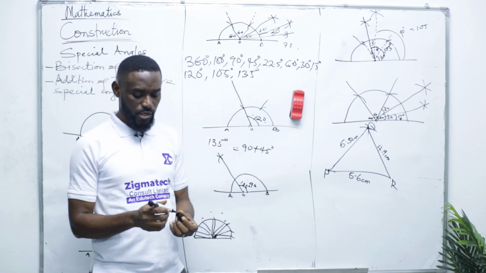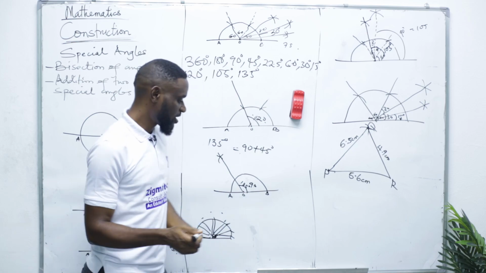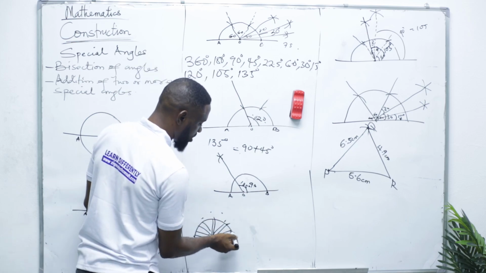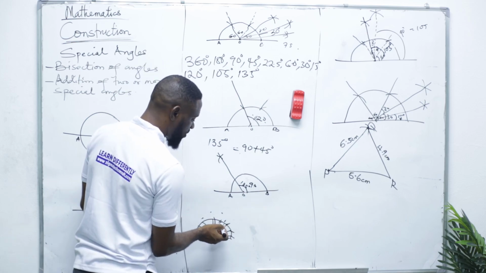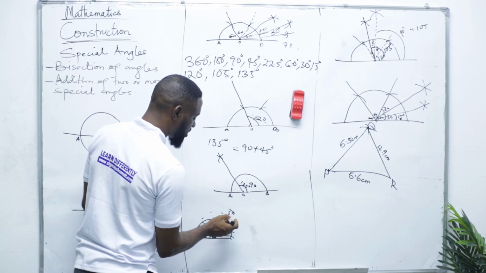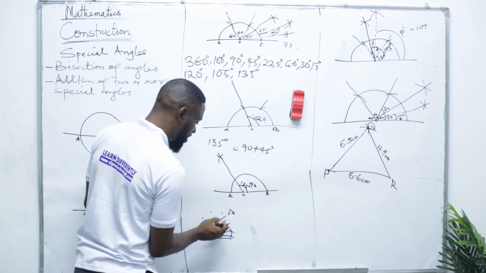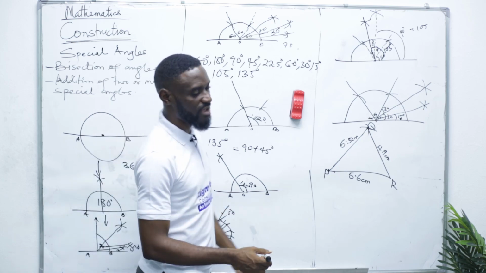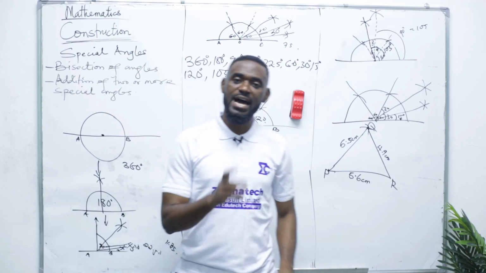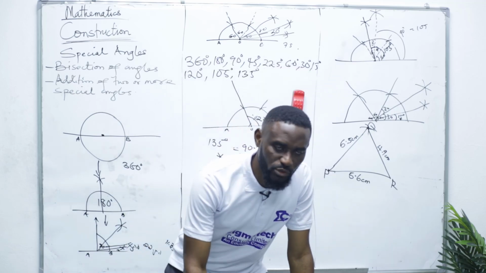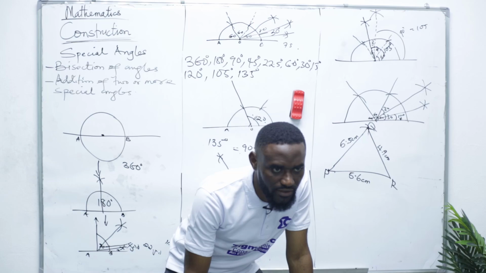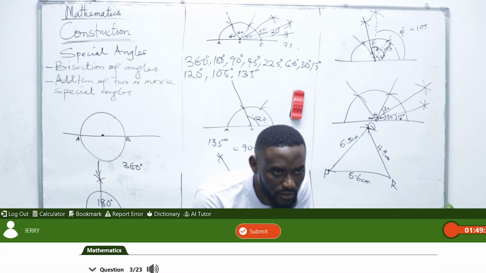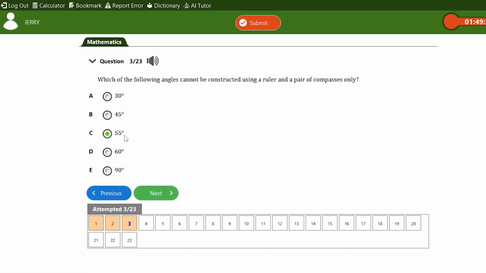Do you understand the point now? So to do 55, if this is 10, 20, 30, 40, 50, then if this is 50, it means 55 could just be somewhere around here. Then you can just use this and draw your angle 55. But with a ruler and a pair of compasses only, you cannot construct angle 55. So angle 55 is our correct option. Okay, let's see the next one.